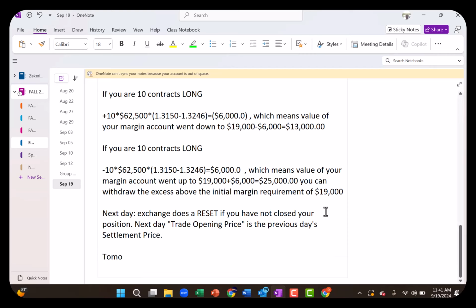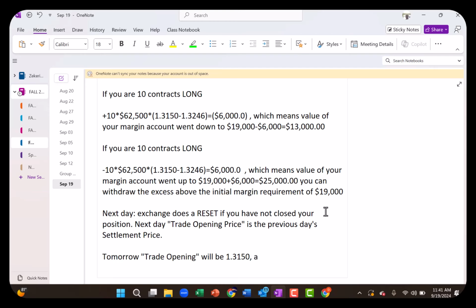So tomorrow, trade opening will be 131.50. Okay.